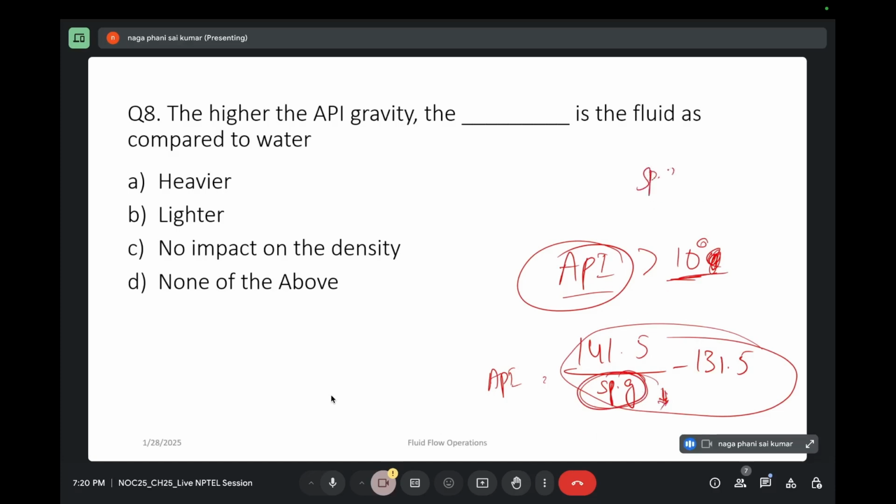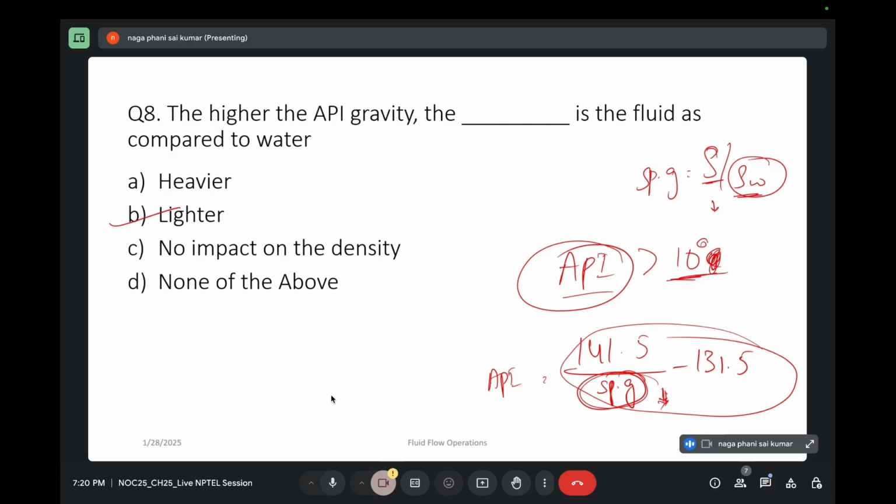And specific gravity is nothing but density by density of water at 4 degrees centigrade. So this will be anyway 1. That means density is less than the density of water, right? So that means it is lighter than water. Yes or no?